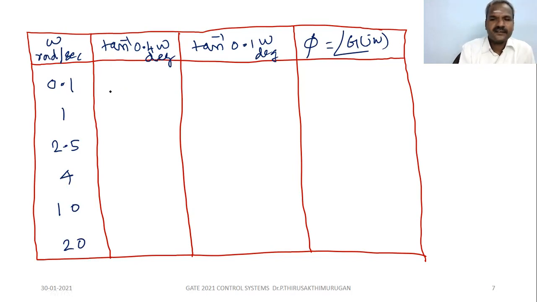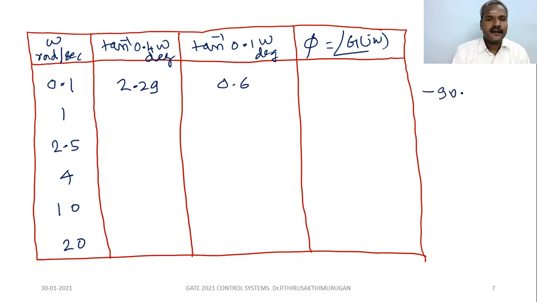Then for 0.1, what is the degree? Please calculate tan inverse of 0.04. My value is 2.29 degree. Here 0.6 degree. So minus 90. The first row is minus 90 minus 2.29 minus 0.6.